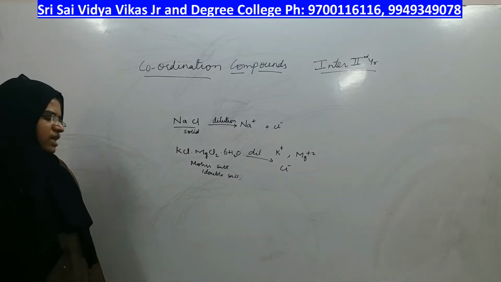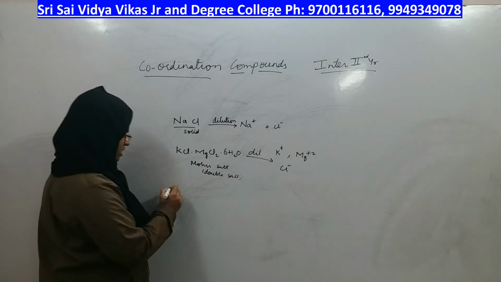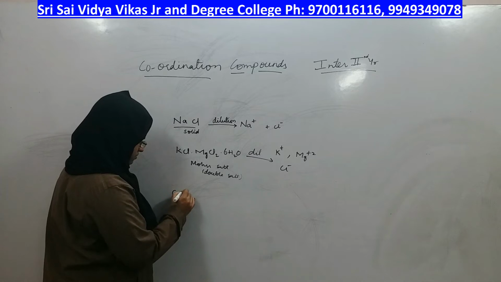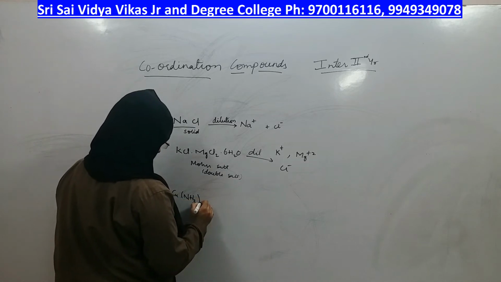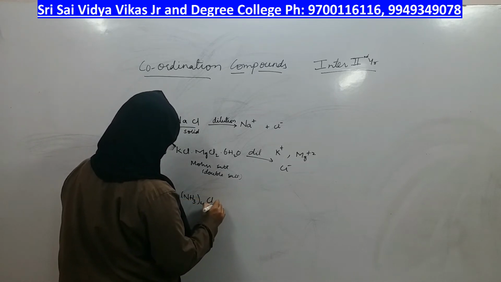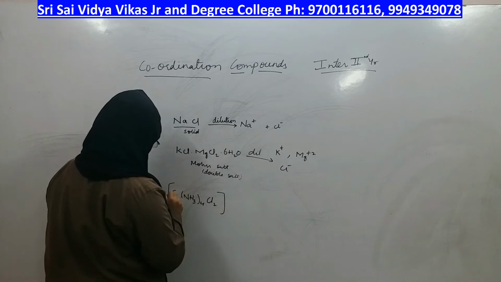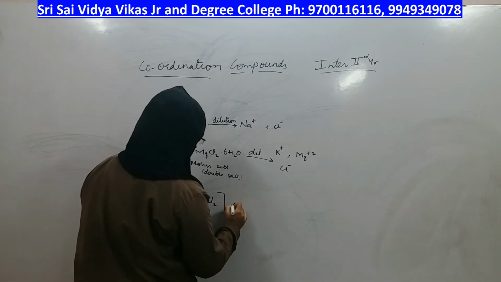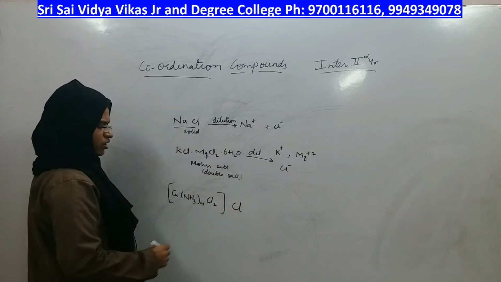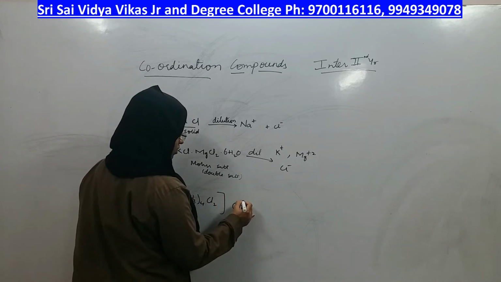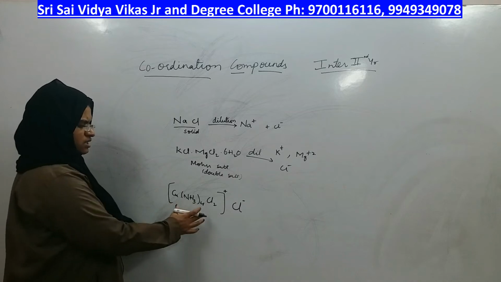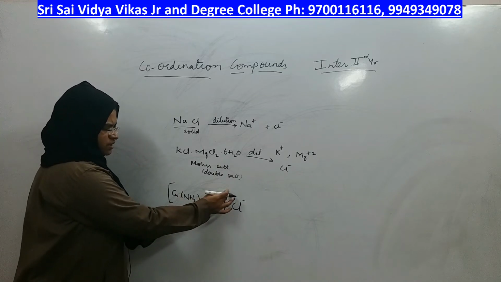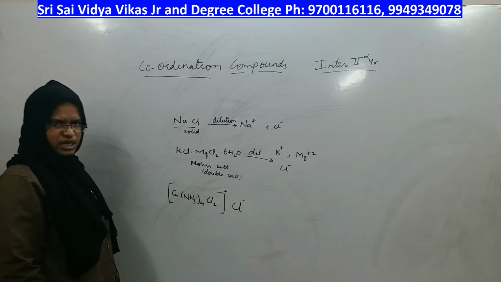Now I will take an example of a coordination compound. Here I have taken an example of a coordination compound of a copper complex, right? This is a coordination compound in which cation and anion are there.